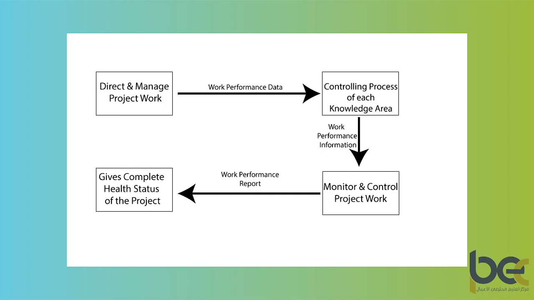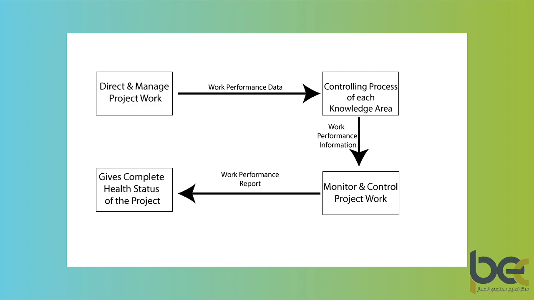You can understand work performance data, information, report clearly by this diagram. When you are performing work, at that time you collect a lot of data about the work that is happening. Then you process this data. What do I mean by processing this data?